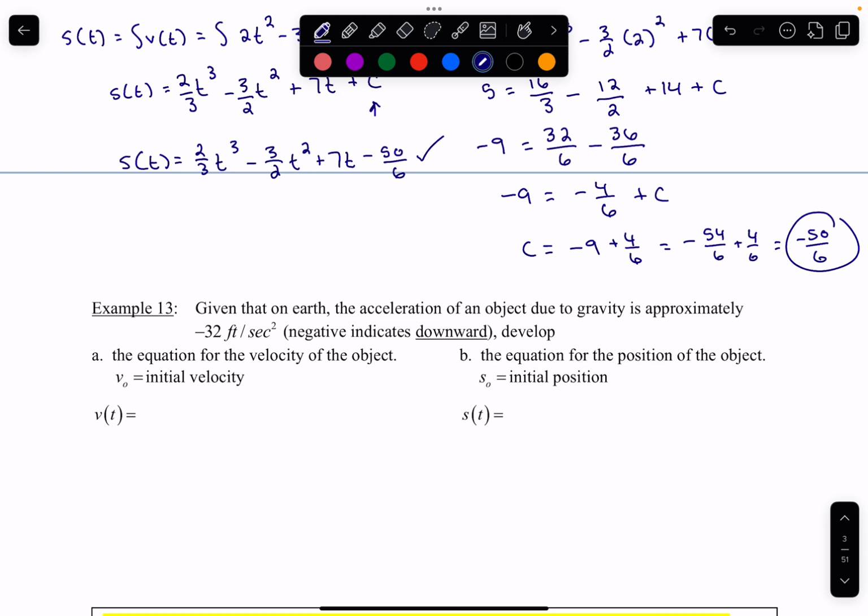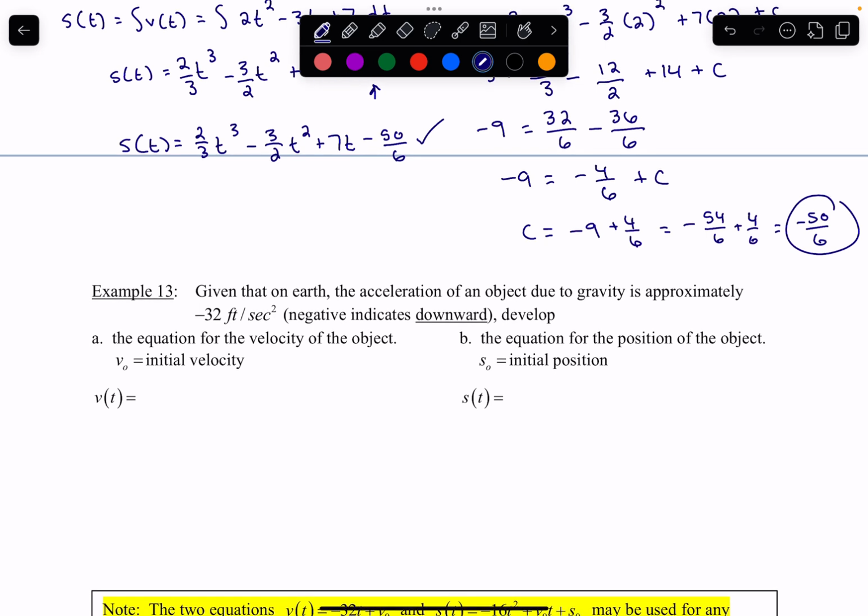All right, example 13. Given that on Earth, the acceleration of an object due to gravity is approximately negative 32 feet per second squared. Negative indicates downwards. It wants me to come up with the equation for velocity and the equation for position if I'm given initial velocity and initial position of v naught and s naught. Okay, so if acceleration is equal to negative 32 feet per second squared, I want to integrate with respect to t so that I can get velocity.